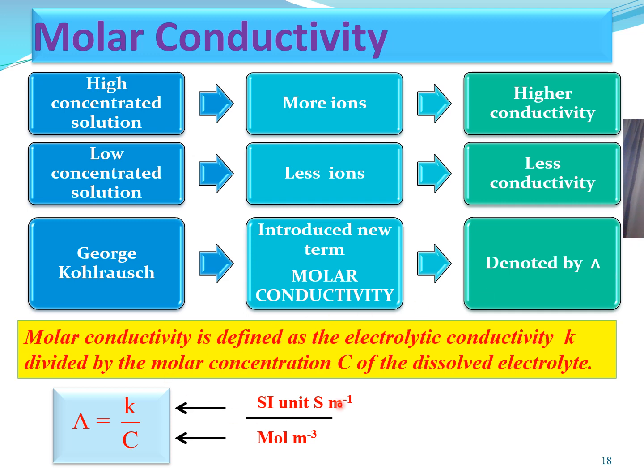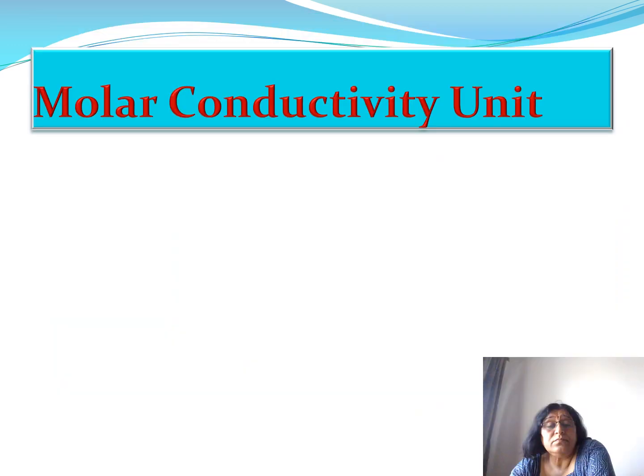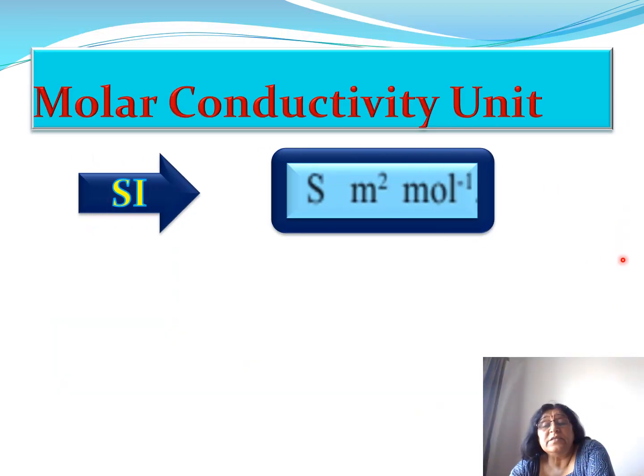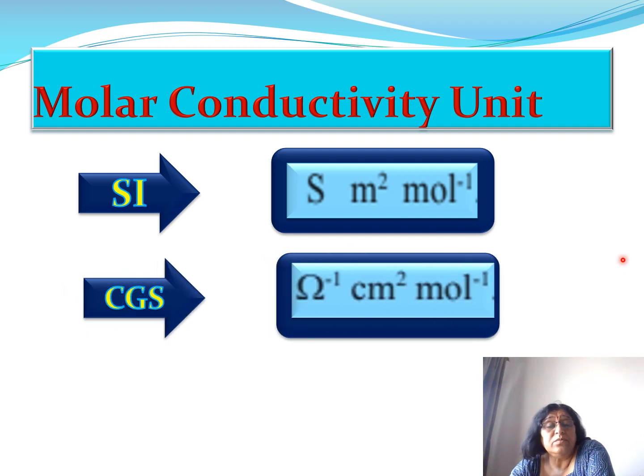The unit for kappa is Siemens meter inverse. The unit for concentration is mole per meter cube. So the unit for lambda will be Siemens meter square per mole. The CGS unit will be ohm inverse centimeter square per mole.